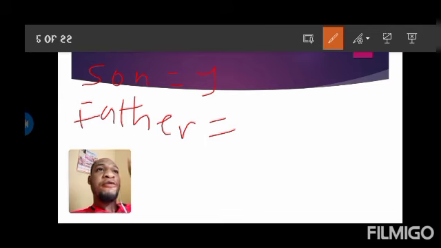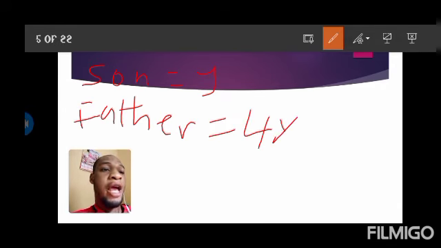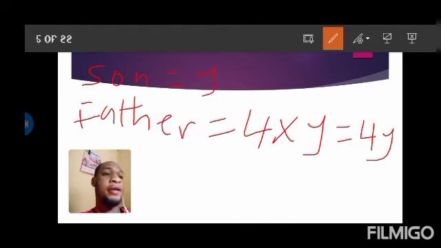The father will be 4 times y, because the son's age is y years, so the father's age will be 4 times the son's. That will be 4 times y, which is 4y. Yes, that is the age of the father. So the age of the son is y years, and the age of the father is 4y.